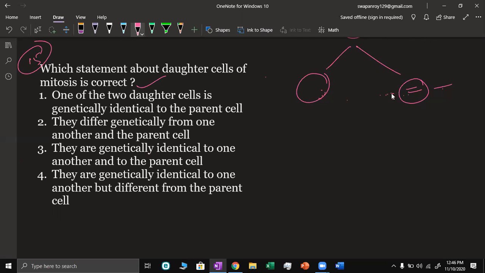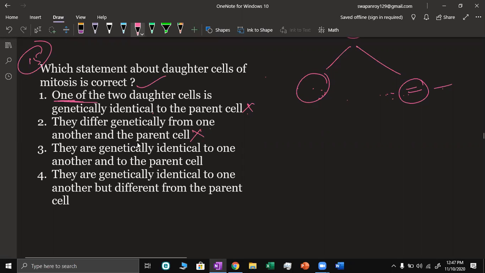One of the two daughter cells being identical is not correct, because both are.